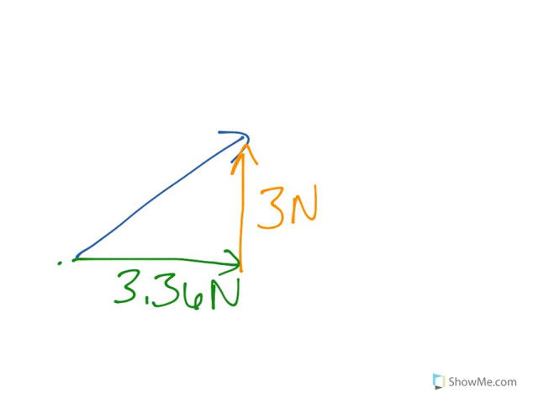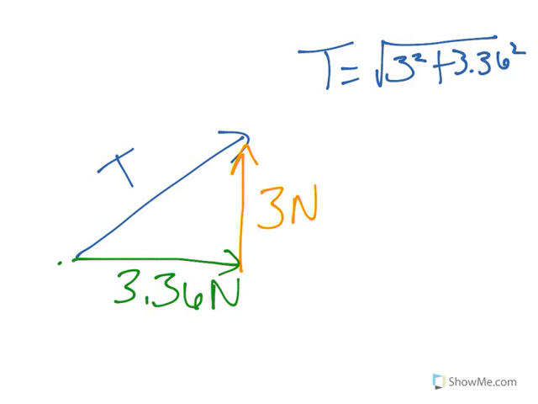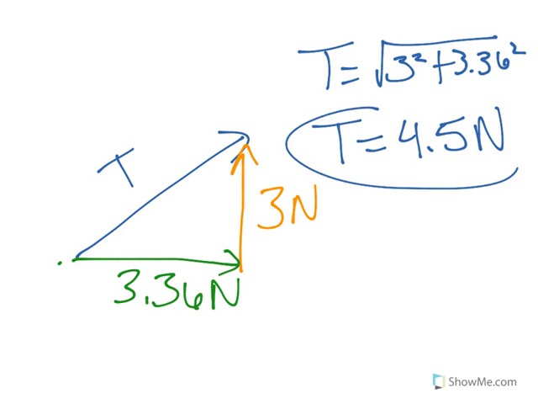If we're trying to figure out the tension in this string, tension is equal to the square root of 3 squared plus 3.36 squared. If we type that in the calculator, we get 20.3 newtons, and then we square root it, 4.5. Tension is equal to 4.5 newtons. Okay, so that's our answer, and that's how we do the circular motion lab. Hopefully this helps you, and hopefully you'll have a good day.